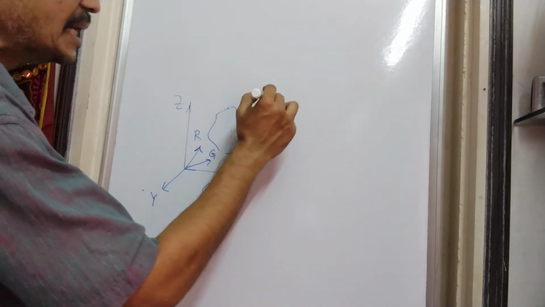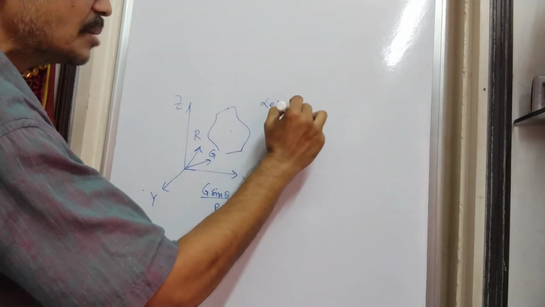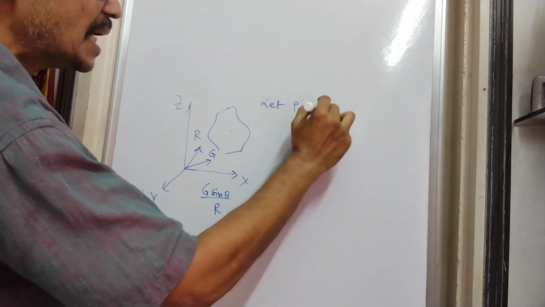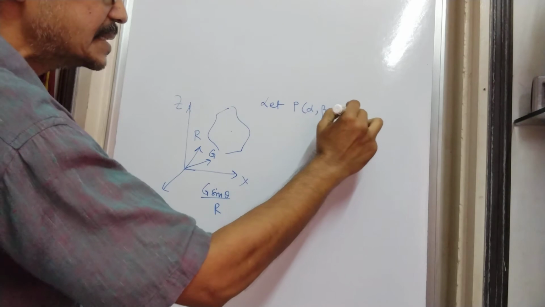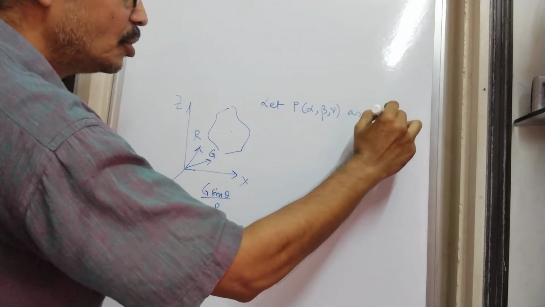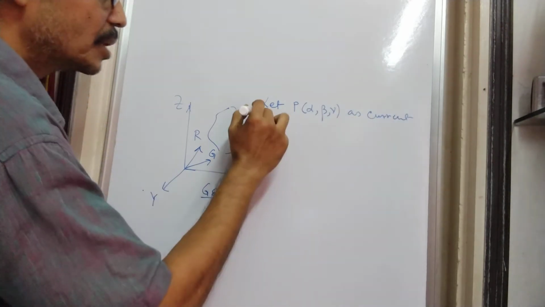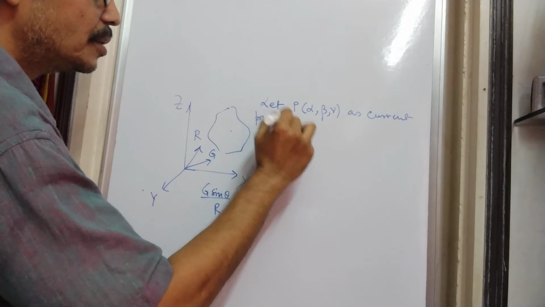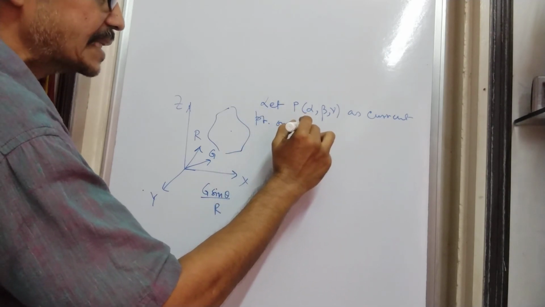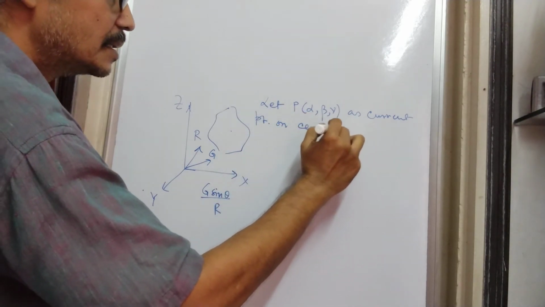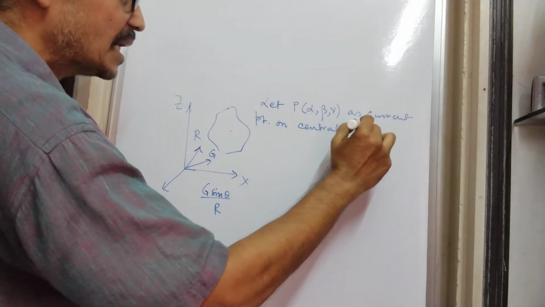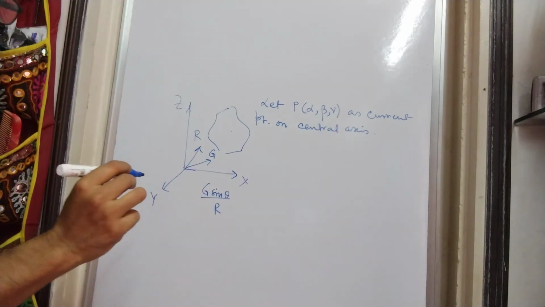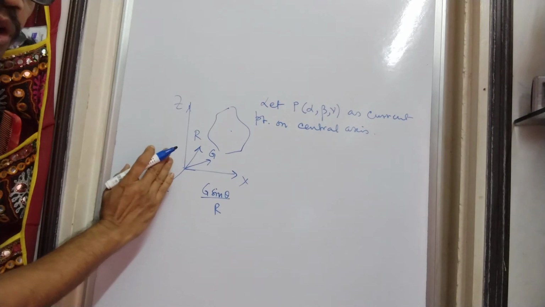Let us take a point alpha, beta, gamma as current point on the central axis. So alpha, beta, gamma is a current point on it; I am not able to draw the central axis here.